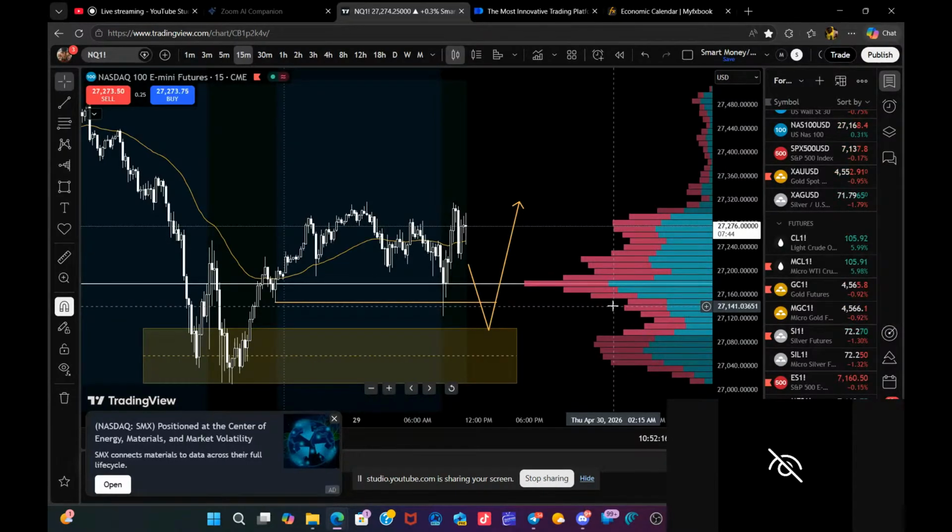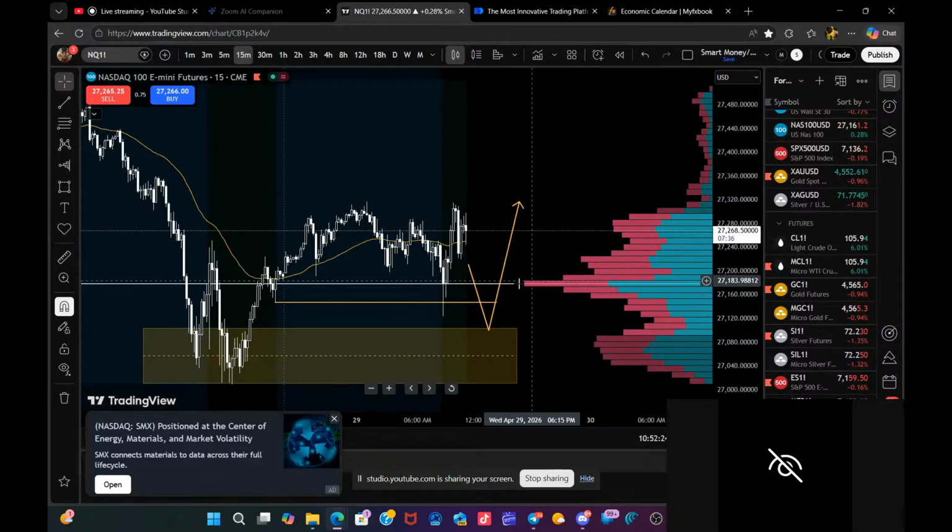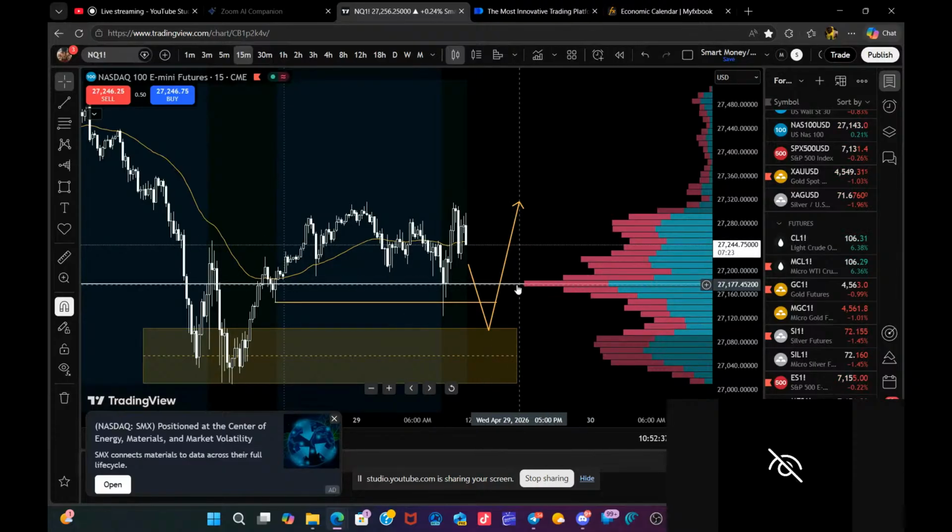So what I like to do is, if you look at the volume profile, you have three parts to it. You have the point of control, that's this part here where most of the volume has been traded. See what this white line is? That's where most of the volume has been traded.